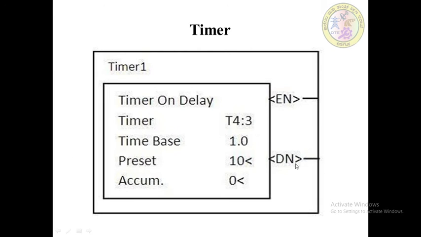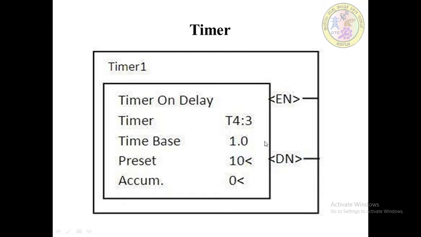EN is also known as enabled. These timers are a very important concept. This is also known as TON. This image shows the timer, and it is used to turn an output on or off after the timer has been on for a preset time interval.